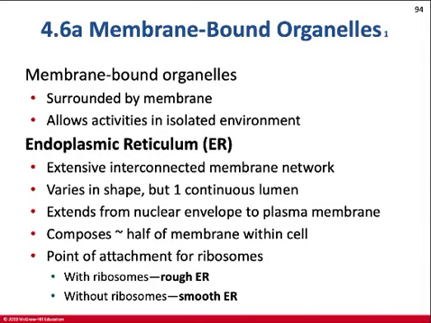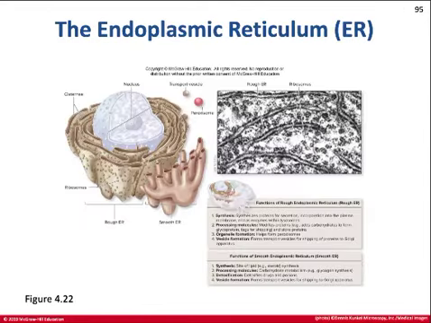The ER are extensive interconnected membrane networks that come in two flavors: the rough ER, which is studded by ribosomes on its cytoplasmic surface, and the smooth ER, which is not. It composes about half the membrane within the cell. You can see what it looks like here.